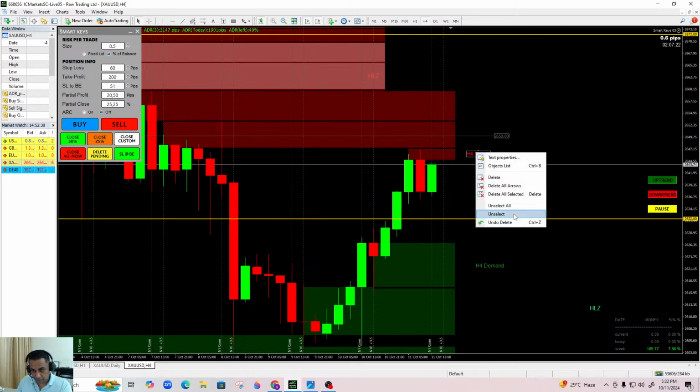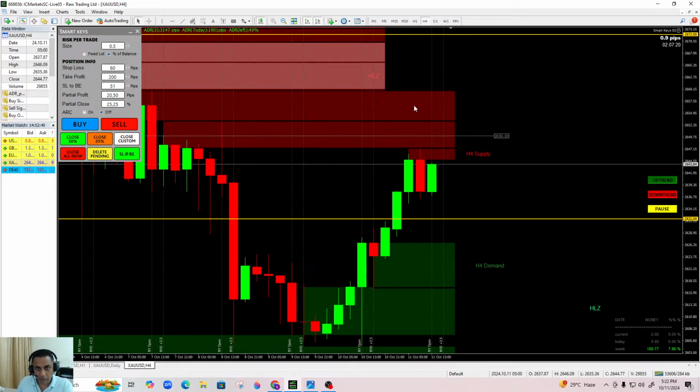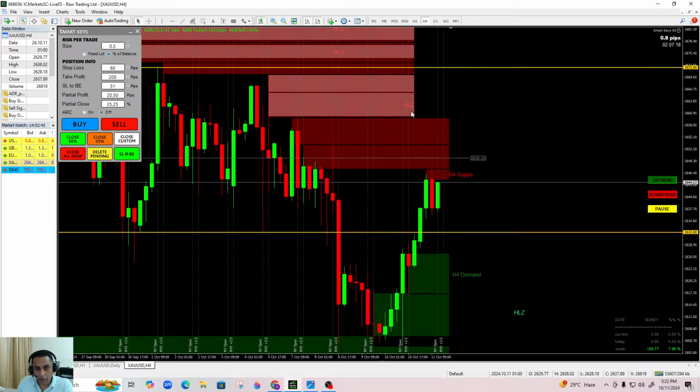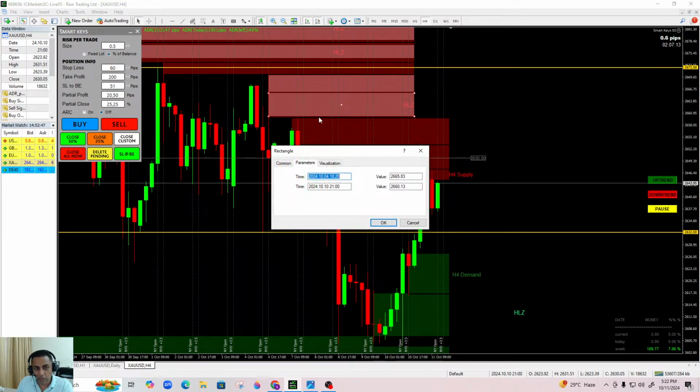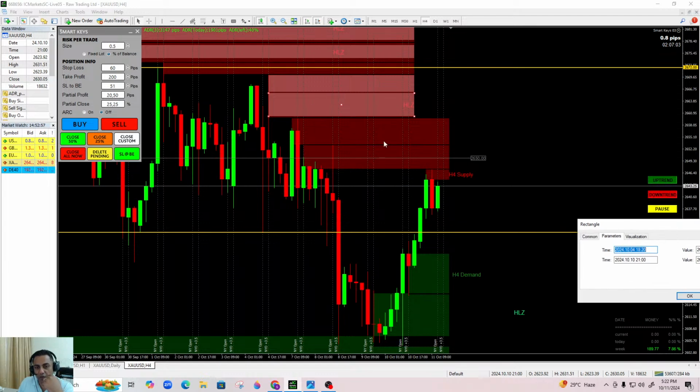Okay, perfect. I'm going to extend these to the right. Again, these zones, if you want to see how they were drawn, please go back and look at the previous streams or the previous videos that you can find. You'll find these are old zones. I'm not going to redraw them now, but they were drawn exactly the way I drew these.